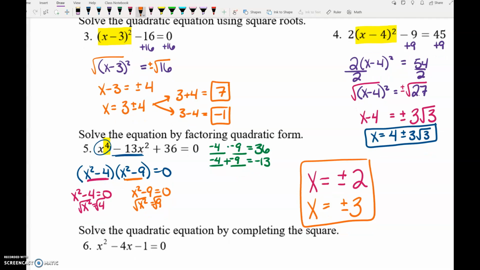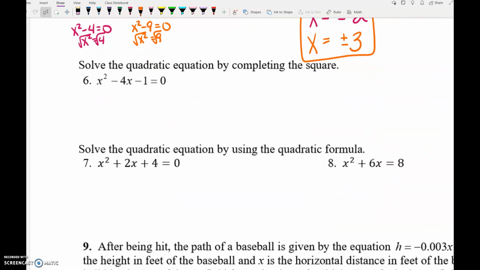Number 6, solve by completing the square. When you're solving by completing the square, you want to keep the first two terms, but then you want to have a blank. So I'm going to add 1 on both sides so I can get my x squared minus 4x by itself. To complete the square, you're looking for the number that 2 times that number gives you negative 4.